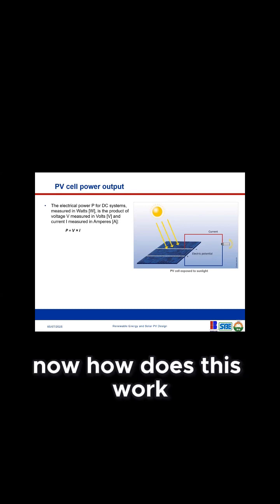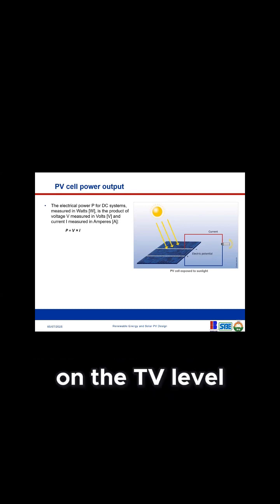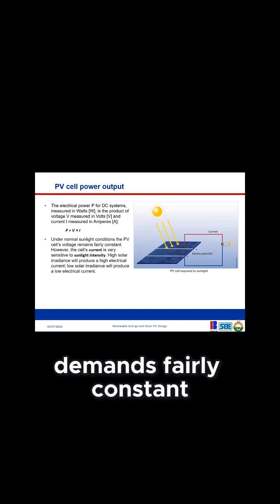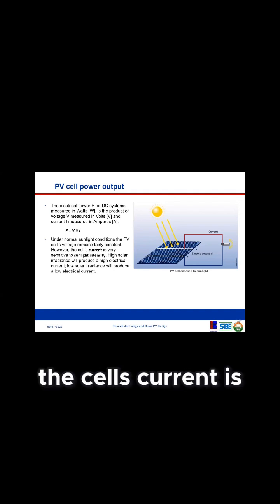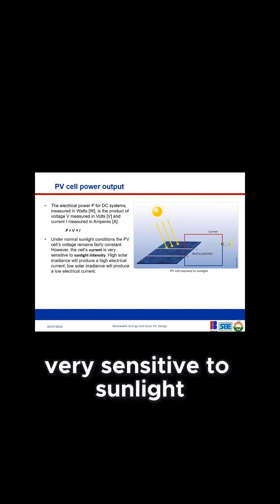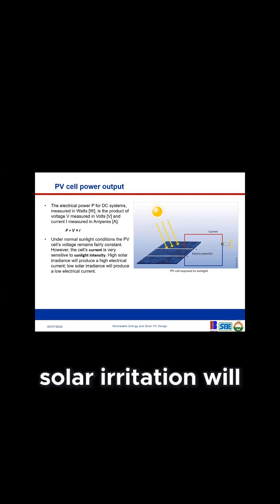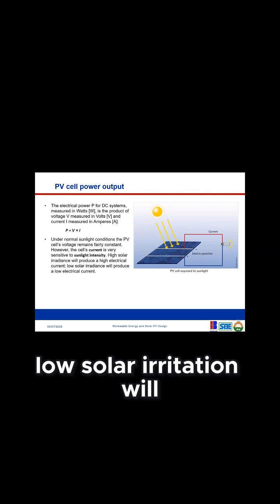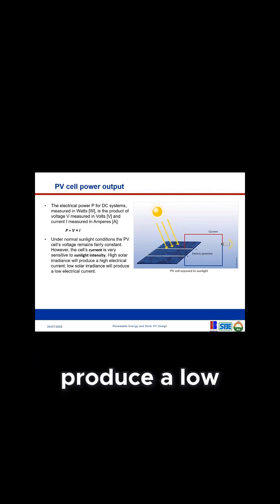Now, how does this work on the PV level? Under normal sunlight condition, PV cell voltage remains fairly constant. However, the cell's current is very sensitive to sunlight. Higher solar irradiation will produce a higher electrical current. Low solar irradiation will produce a low electrical current.